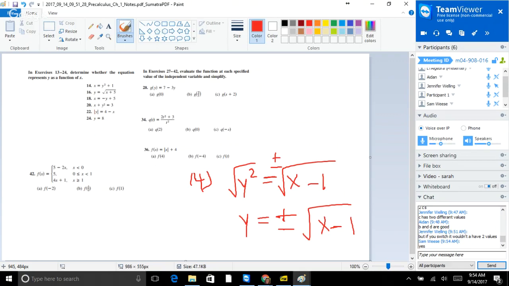But we have this plus or minus value here. So if you put in x equals 10, y could be positive 3 or negative 3. So for one value of x, we get 2 possible values for our y. So this actually makes it not a function.